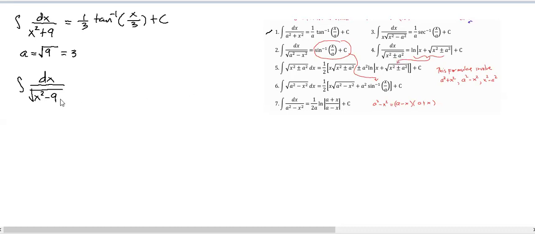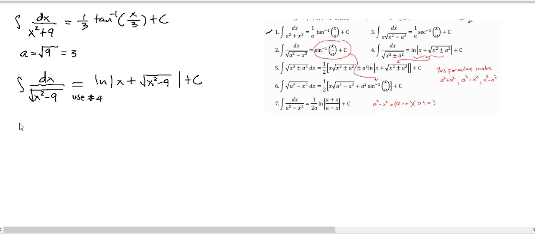So use number 4. Ano yung 4? ln absolute value of x and then plus the radical. Kung ano yung radical, yun yung kopya nyo lamang dyan. So square root of x squared minus 9 and then plus c. Okay?